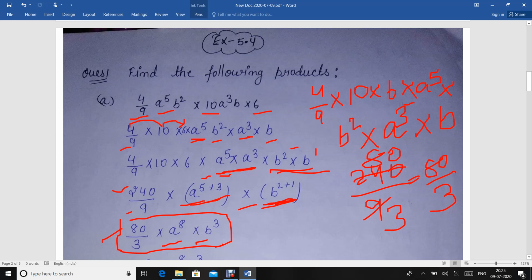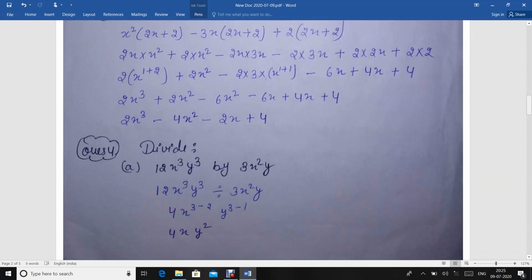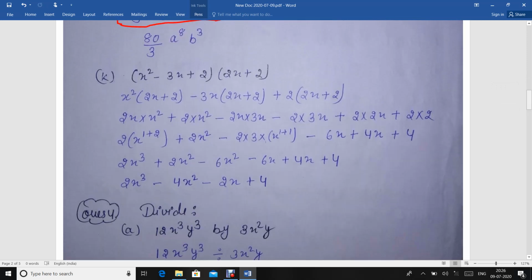With the help of this question, let us move towards the next part of the same question. The next part is x square minus 3x plus 2 within the bracket, multiplied by 2x plus 2. Here you need to multiply this term with this term. So you will multiply each term individually.